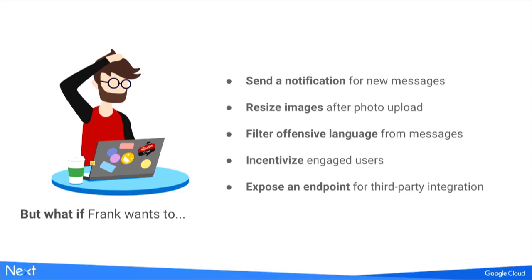He wants to resize images after they've been uploaded to cloud storage. He also wants to filter offensive language that's written to the database. Frank also wants to use data from Firebase Analytics to somehow incentivize his most engaged users. Now, Frank's a little concerned because these are all extremely important features to him, and he's worried because this is becoming much more complicated than he originally thought.